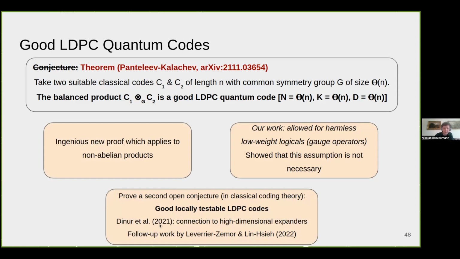And the same conjecture using essentially the same construction was proved by Dinur et al. And there's also been nice follow-up work by Leverrier and Zémor and by Lin and Hsieh. The latter in particular showed how to actually perform the decoding operation, so the classical algorithm which takes the check measurements as inputs and computes the recovery operation.